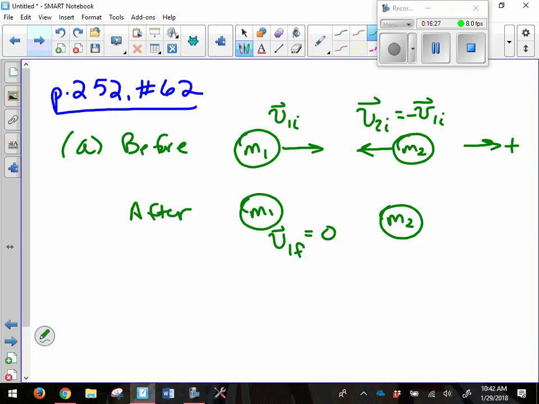Well, I already know the speeds are the same and the velocities are in the opposite direction. So what would have to be true for M1 and M2 to be at rest afterwards?